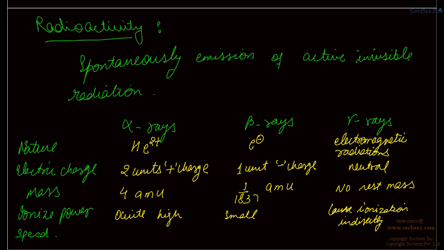The speed of alpha rays varies, about 1/20th of the speed of light. In the case of beta rays, it's around 3 to 99% of the velocity of light.